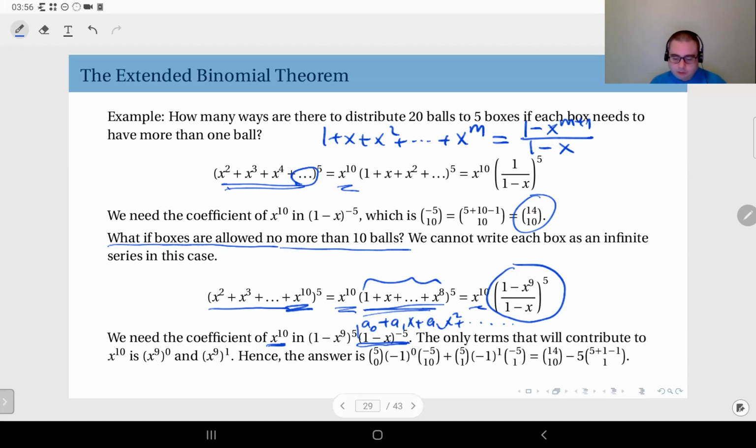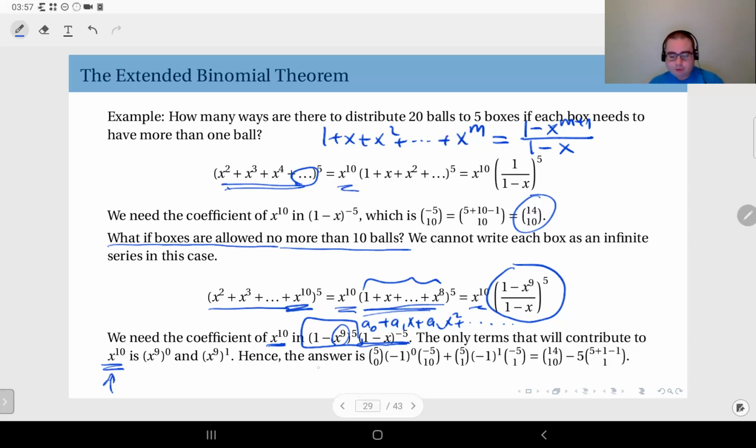But this one is a finite polynomial, of finite degree. And since I'm looking for the coefficient of x to power 10, this can contribute x to power 9 or nothing at all. Because if I include two of the x to the power 9s, that would go to x to power 18, which exceeds this. So I don't need those.